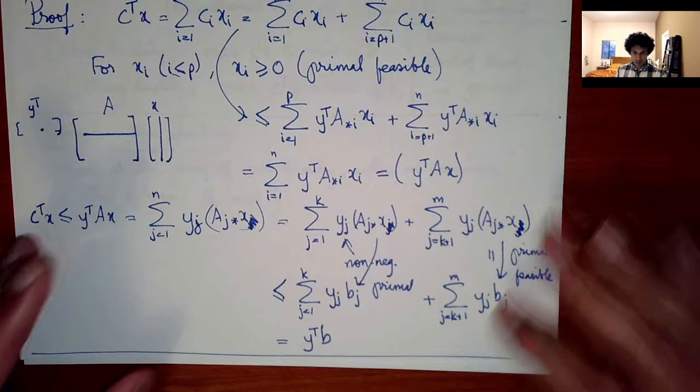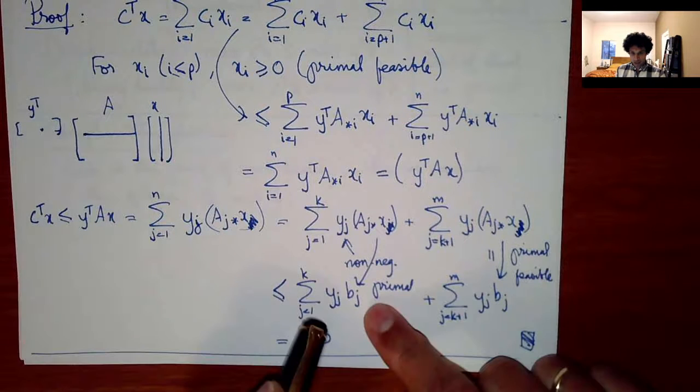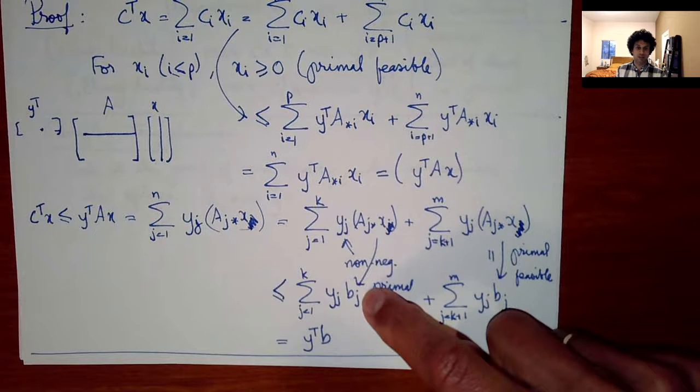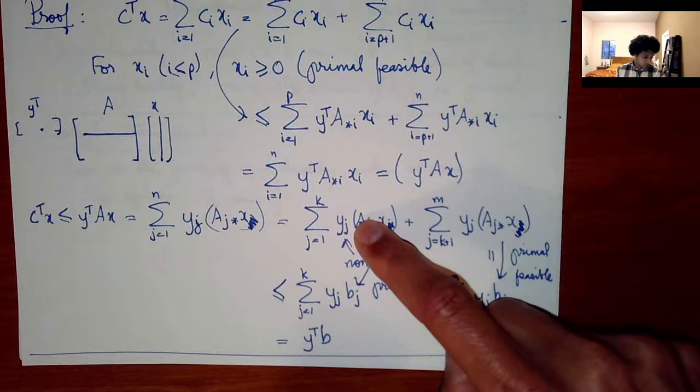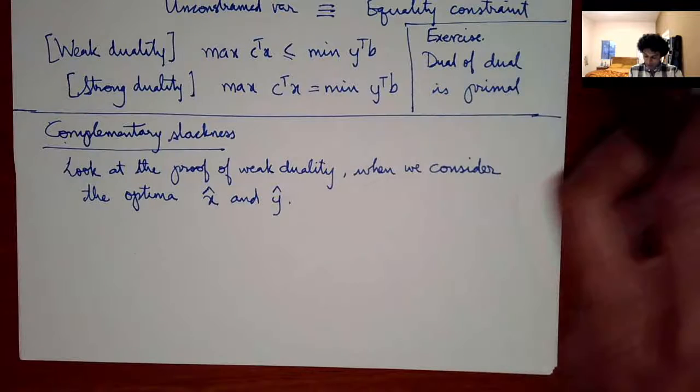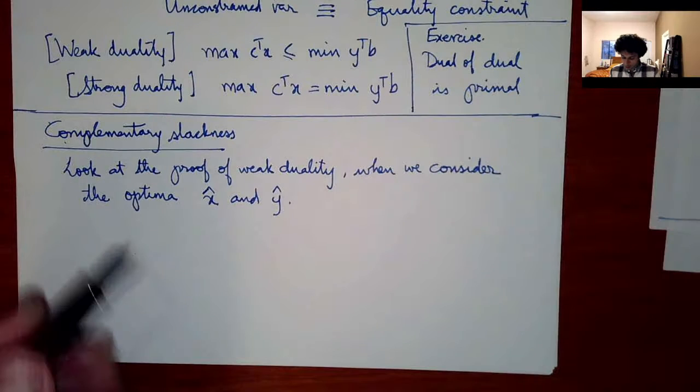And analogously, what you get over here is that if aj star x was strictly less than bj, then yj must be 0. So I'll write it out informally first.